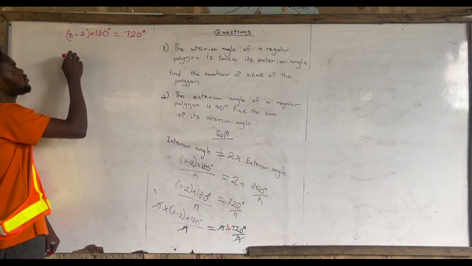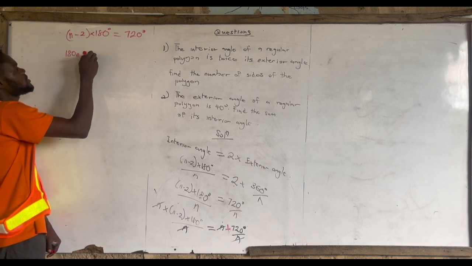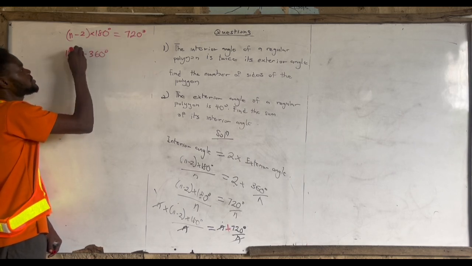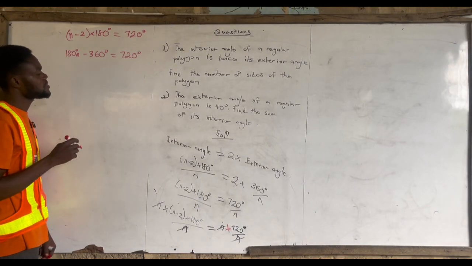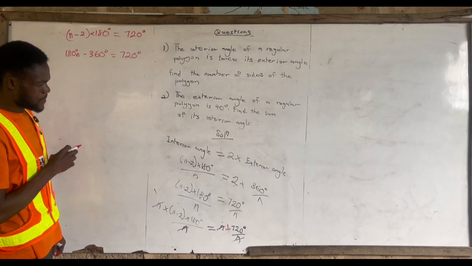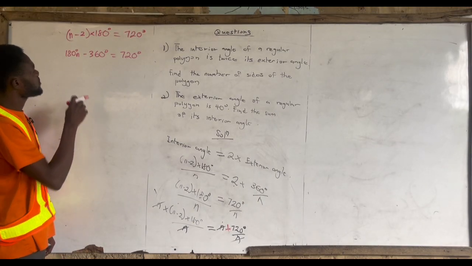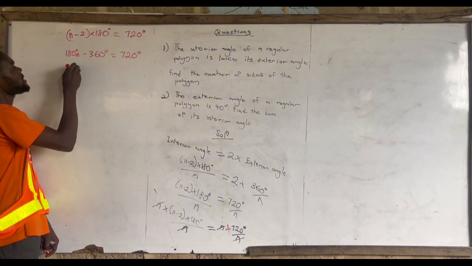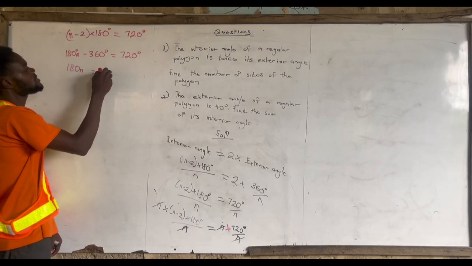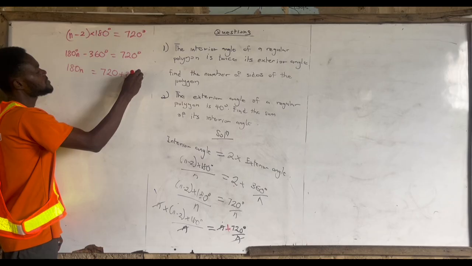You multiply through: 180n minus 360 degrees is equal to 720 degrees. So we are going to have 180n is equal to 720 plus 360 degrees.